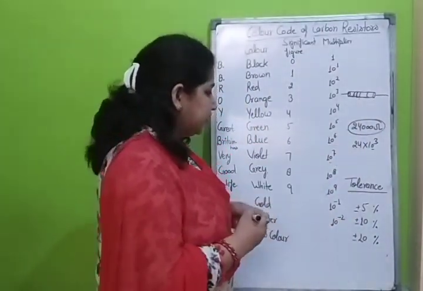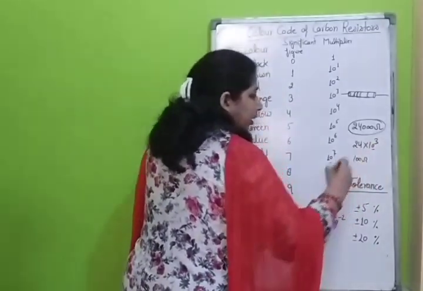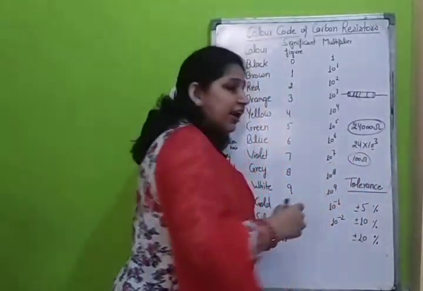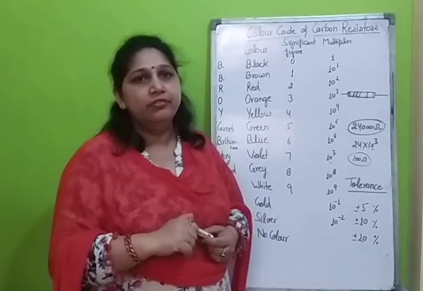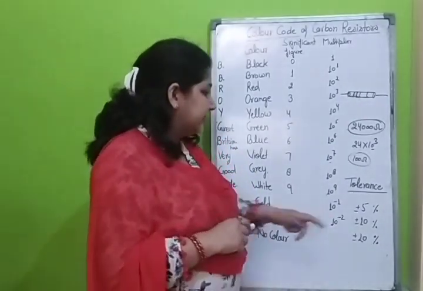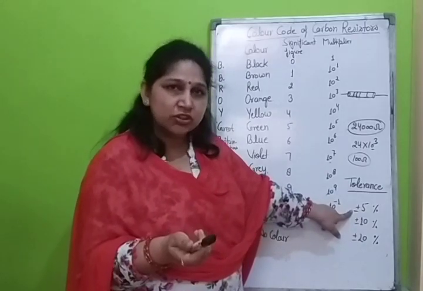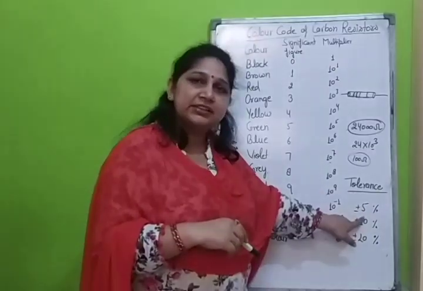Suppose we have a resistor of 100 ohm, and when we add it in a circuit it behaves like 105 ohm or 95 ohm. It means it has a tolerance of plus minus 5. This can be plus 5 or minus 5. This is the tolerance percentage.